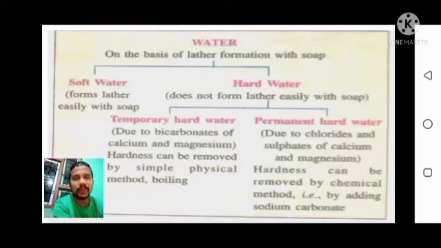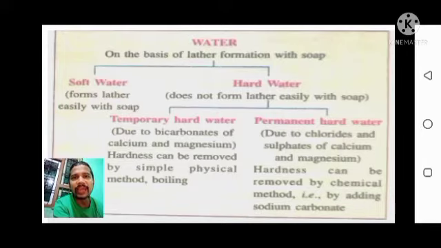And then what causes permanent hardness of water? Permanent hardness of water can be caused by the presence of 4 salts in water. They are either calcium chloride or calcium sulfate, or magnesium chloride or magnesium sulfate. Either of these salts can cause permanent hardness of water.